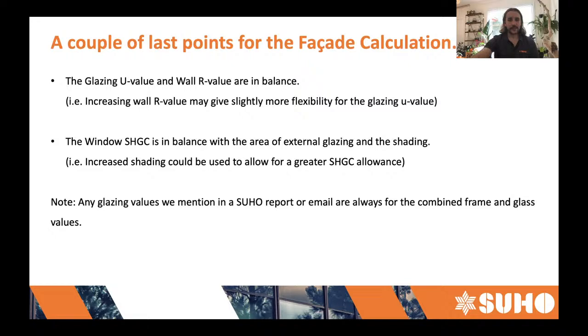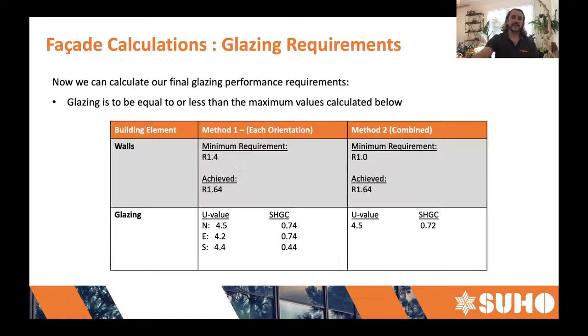A couple of last points on the facade calculation. The glazing U value and wall R value are in balance. So say this was more around the back end of double glazing, pushing on single glazing, and a client would prefer to go high performance single glazing instead, then increasing the wall R value will give a slightly greater U value allowance.